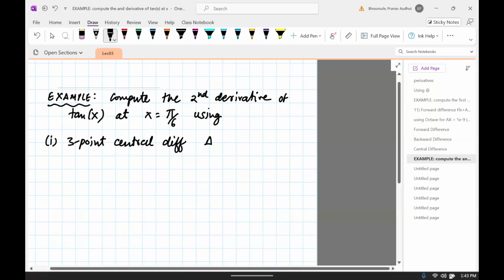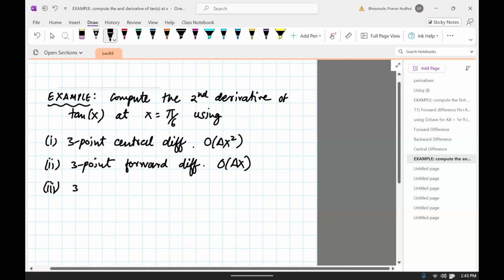And I'll just specify the accuracy because there are a number of ways. There are at least two ways in the formula sheets. So let's go with delta x squared. Then 3-point forward difference, and use an accuracy of delta x.